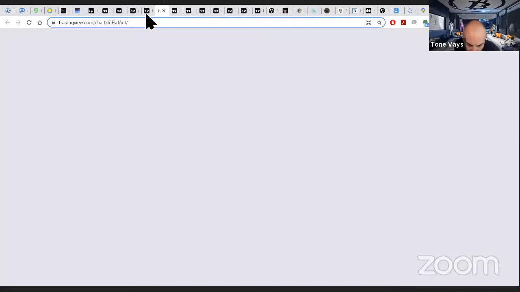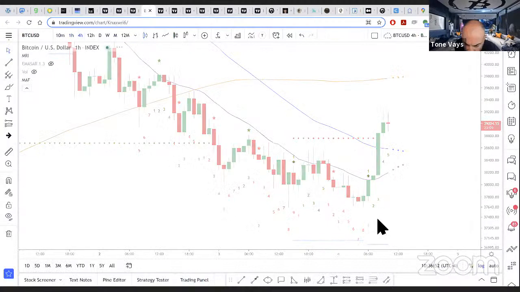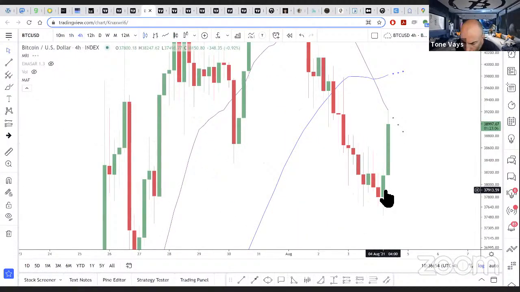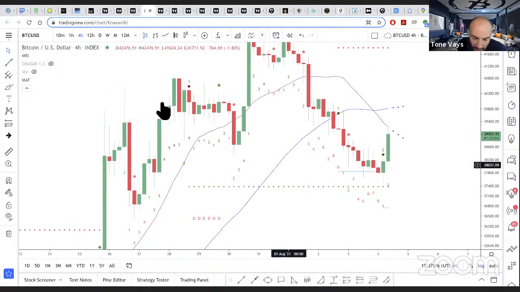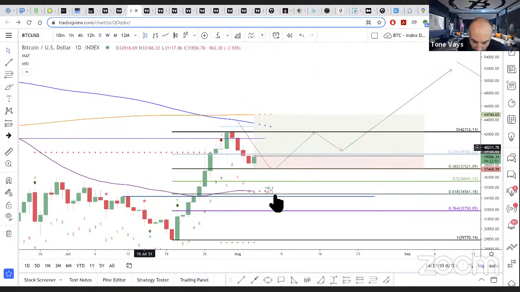And the 4 hour candle is the 4 a.m. New York time. So 2 hours into the 4 hour MRI buy, you had a 1 hour MRI buy, which is a beautiful combination of time frames, utilizing both the 1 hour and the 4 hour. So that turned out to be really, really good.